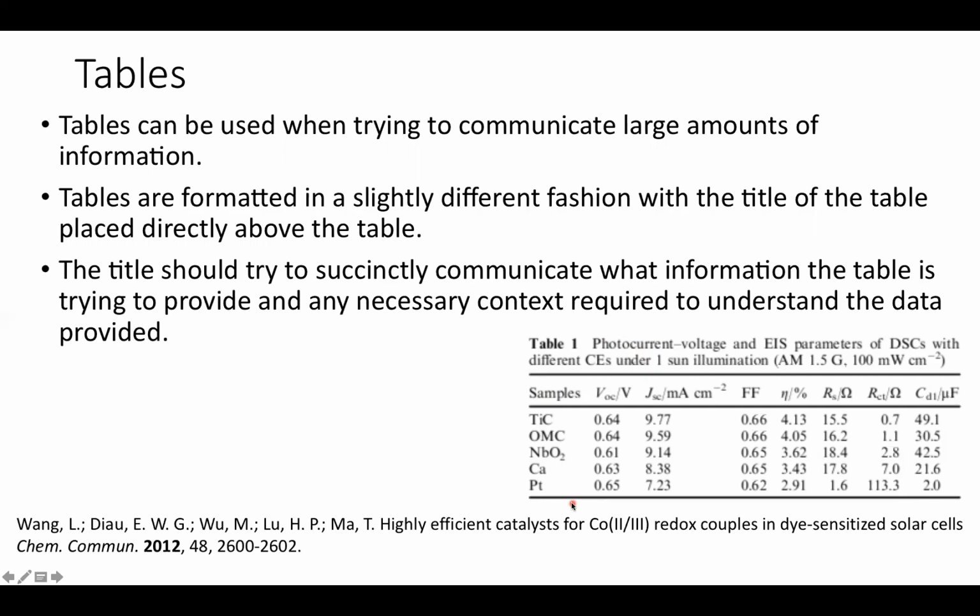So again, we're going to focus in on what we're studying and any important context, such as any important conditions, such as here, looking at photovoltaic efficiencies under a single sun worth of illumination. So again, this is kind of like referencing the pH of the system that you're studying.